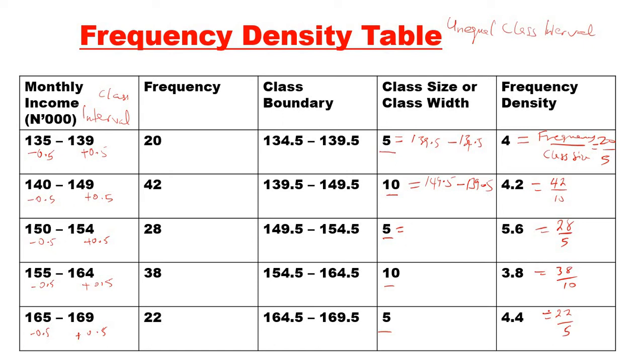So now we have our class size, our class boundary, and our frequency density. We use frequency density because we have unequal class intervals. So let's plot our histogram now.